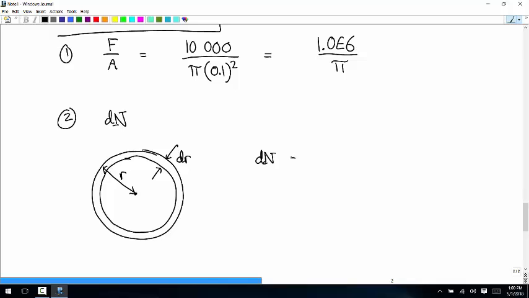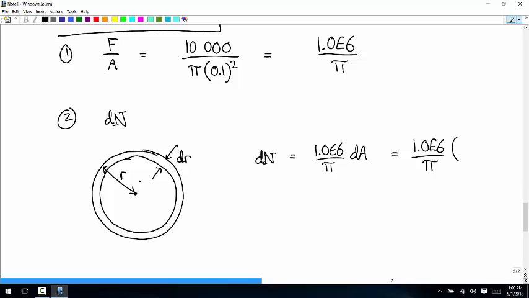So dN is equal to 1 times 10 to the 6 over pi times the area of this ring. Remember how to calculate the area of that ring? 2 pi r times dr.